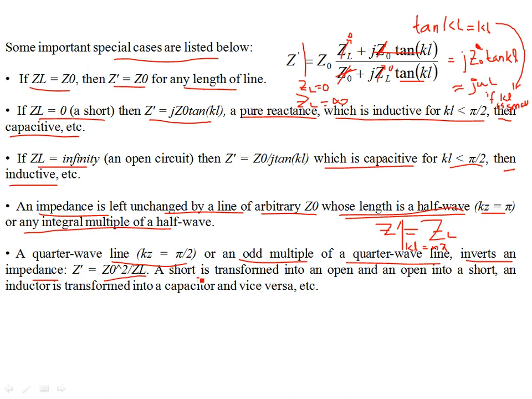A short is transformed into an open, and an open into a short; an inductor is transformed into a capacitor, and vice versa. That's what this expression is implying. If you have a short circuit, ZL is 0, Z' is open. If it is open, then it is short. So an inductor is transformed into a capacitor, and a capacitor into an inductor.